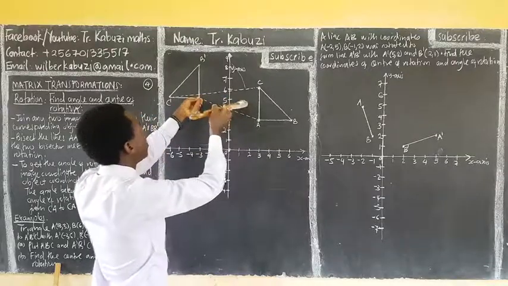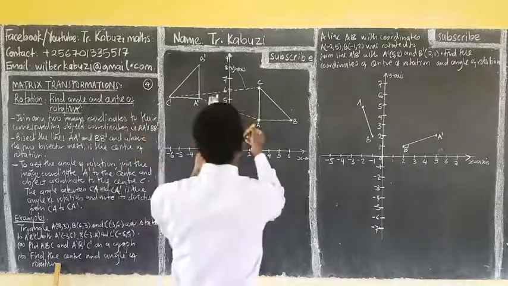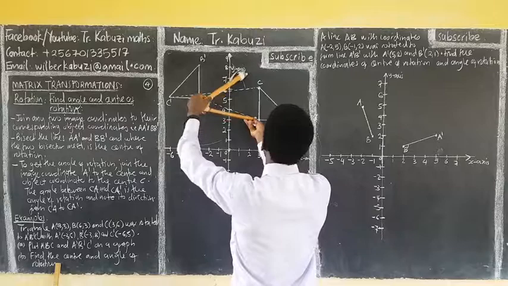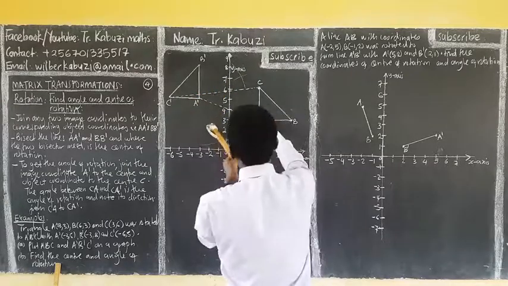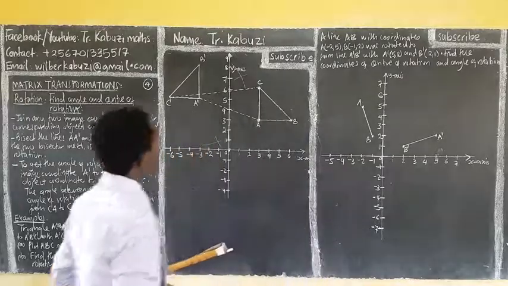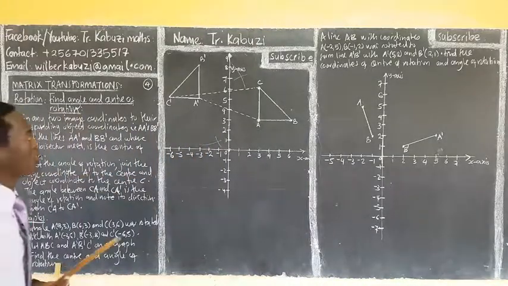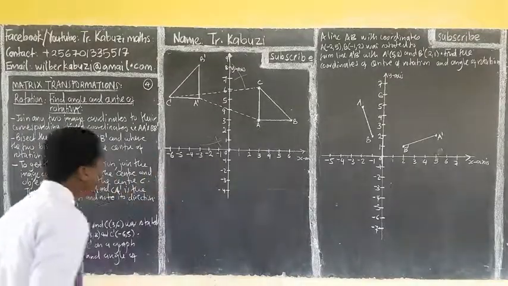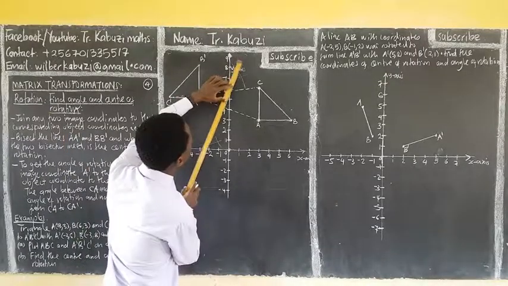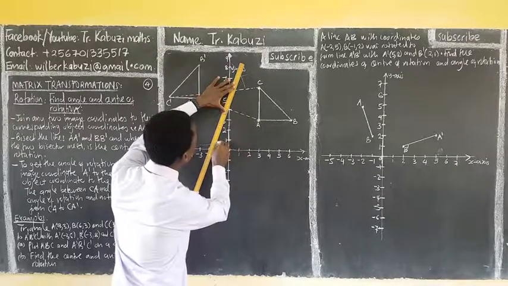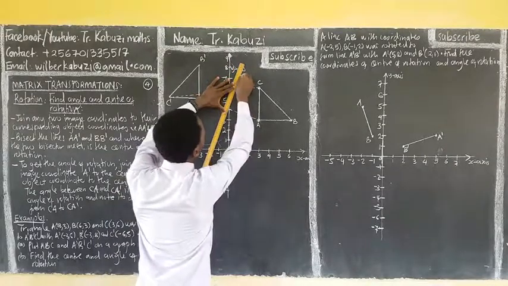Then you don't change, you come to this point, draw an arc up, and also an arc down like that. After doing that, you join that bisector. So this is going to be my bisector, I join it.